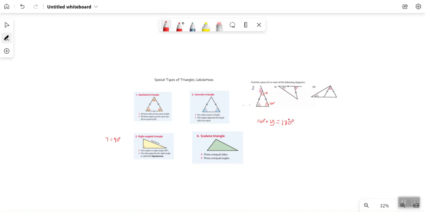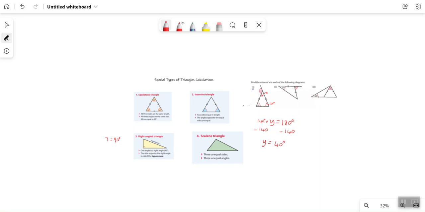They have to add up to 180 degrees because it's a triangle. Now we can use algebra to find out what y is. We minus 140 from the left side and minus 140 from the right, and then we find that y is equal to 180 minus 140, which is equal to 40 degrees.